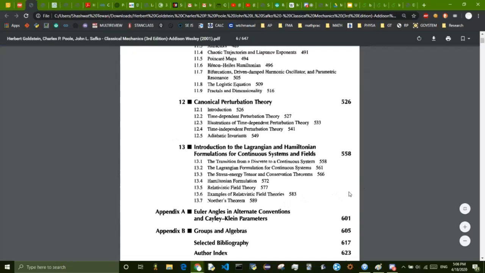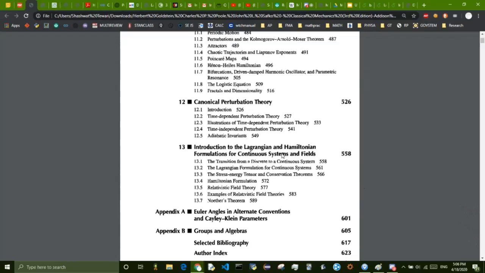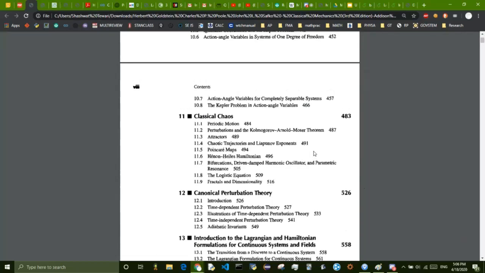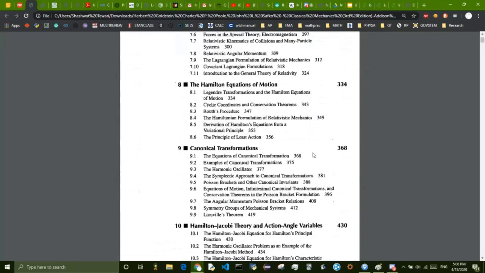You see right here examples of relativistic field theories. So once you go far enough in classical mechanics, this is a classical mechanics textbook, by the way, you'll arrive at things like fields, right? And then you can apply that knowledge directly to things like quantum mechanics and field theory, right? So that's a cool thing.